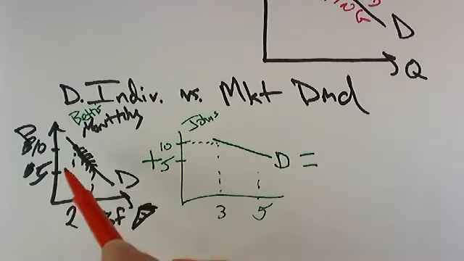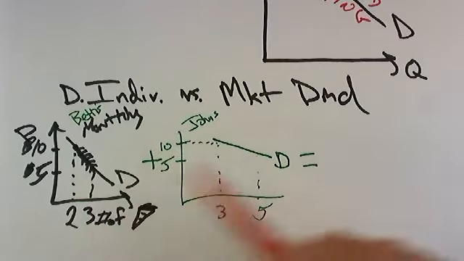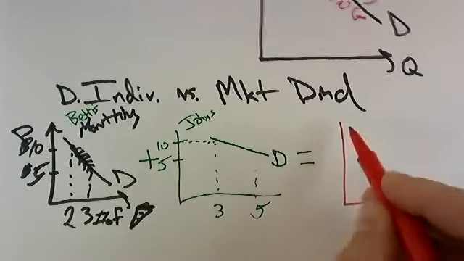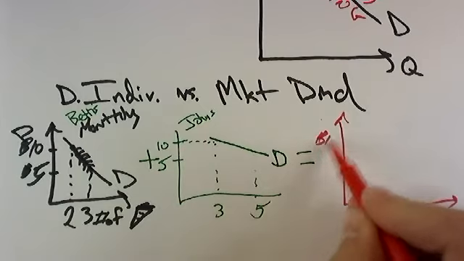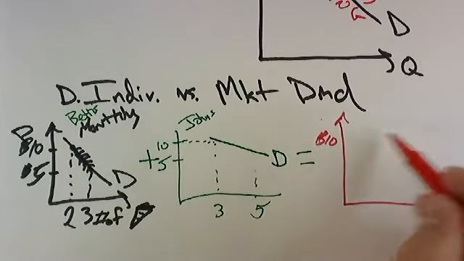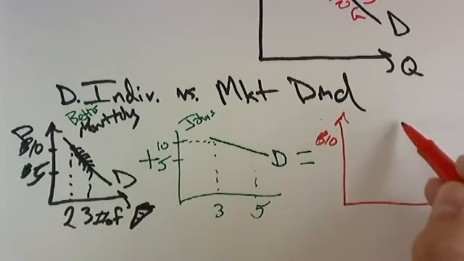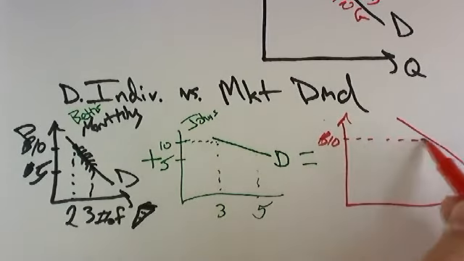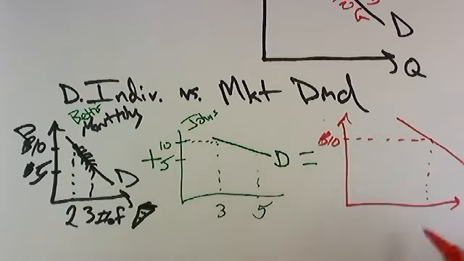At $10, Beth's going to get 2, John's going to get 3. So my total market demand at $10 is what? 5.